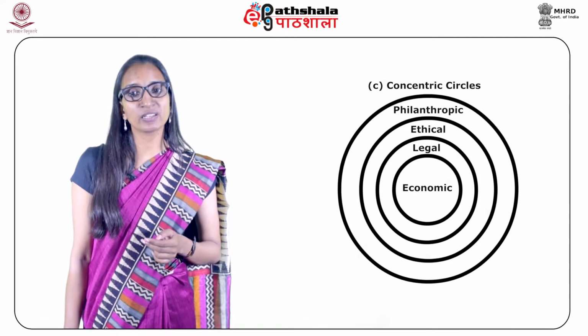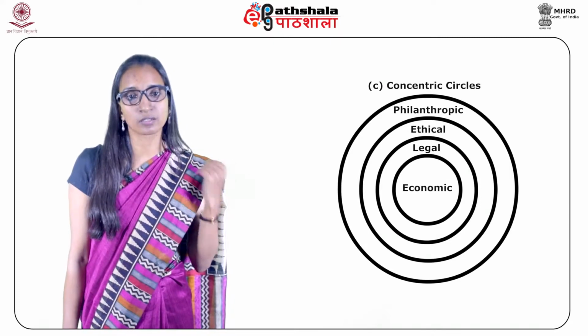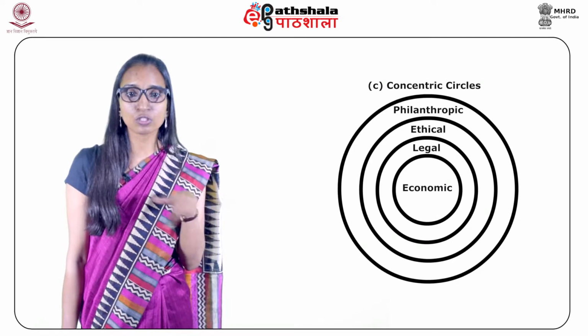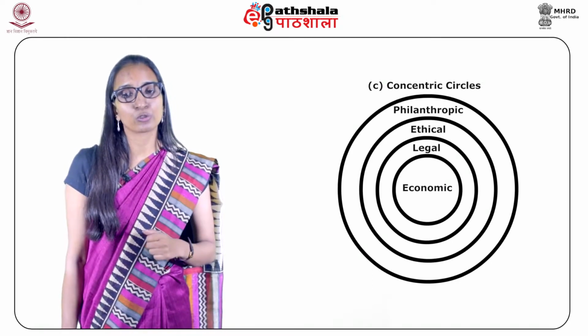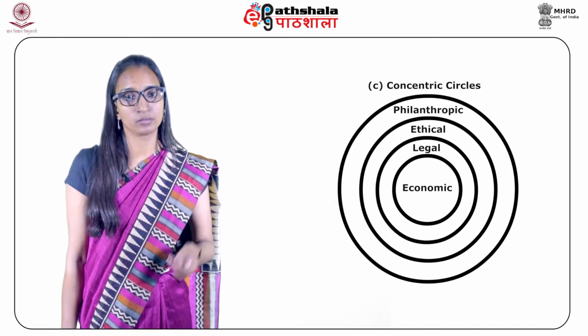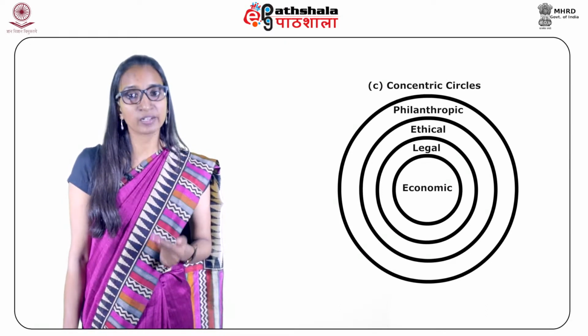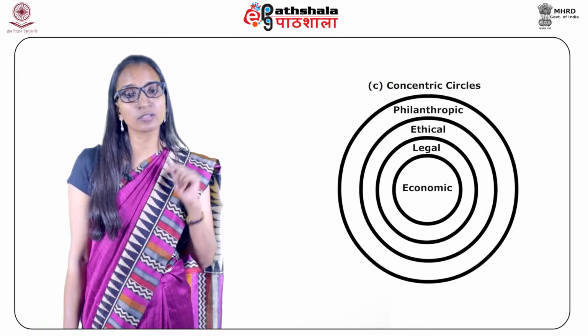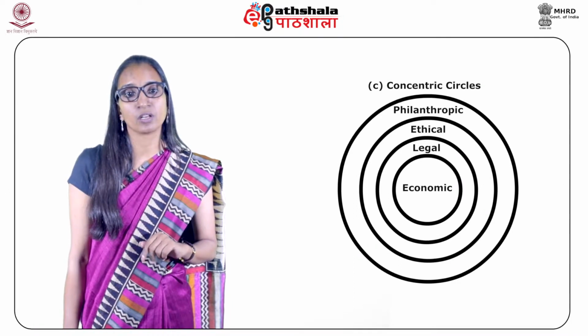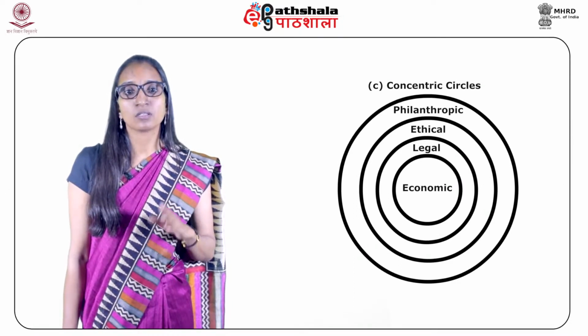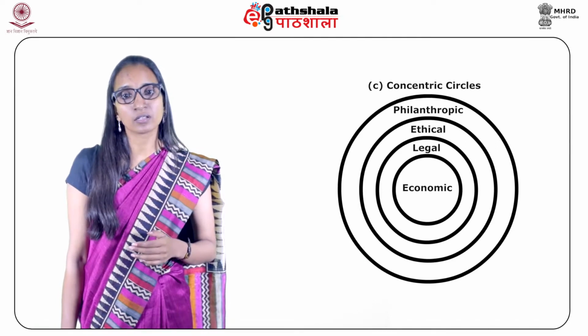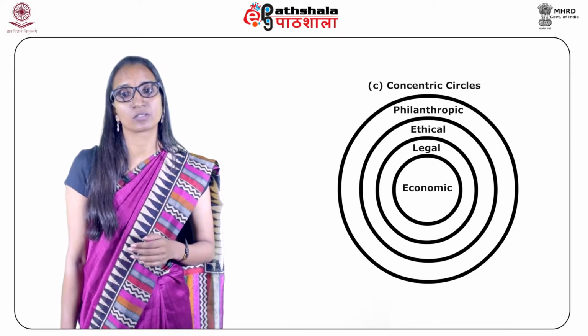The intermediate circle is the ethical circle, and the outer circle is equivalent to the philanthropic circle. Legal responsibilities are not explicitly presented in the original CED framework, but rather subsumed under other corporate responsibilities.